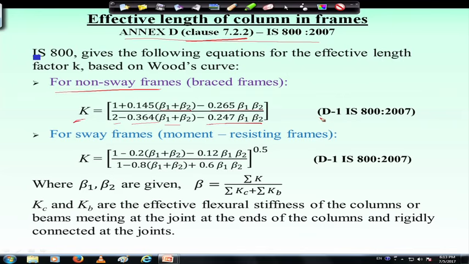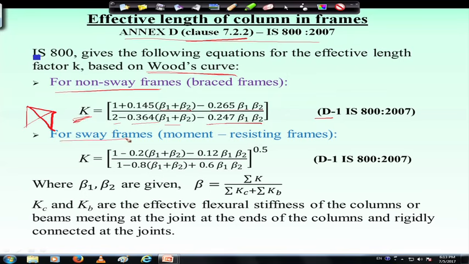This formula in Annexure D of IS 800:2007 is required to find the value of K for a non-sway frame, that is, a braced frame, when bracings are there. This was proposed by Wood, and is known as Wood's curve, from which the K value has been derived.